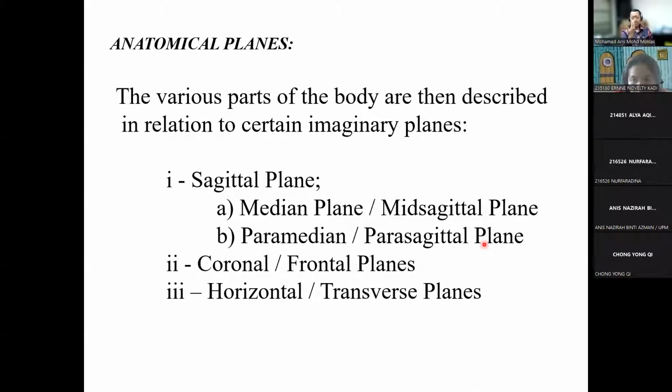The median plane will divide the body equally left and right. Therefore, in our body, there is only one median plane. Only one median plane. Remember, because it will divide the body equally in the midline. Whereas if this plane is shifted to the right or to the left, it becomes a parasagittal plane. So parasagittal planes can be more than one, because they can be towards the right or towards the left.